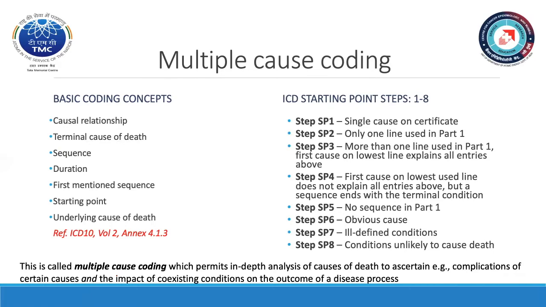In mortality coding, both the underlying cause of death and multiple causes are recorded. Multiple cause coding is essential for a correct application of ICD instructions for selection and modification of the underlying cause of death.